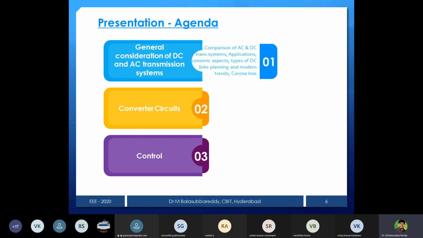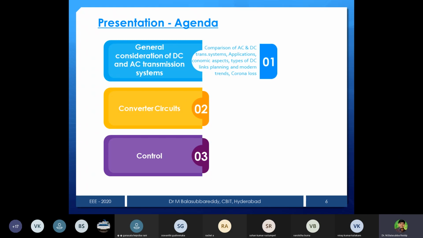As you are aware, AC transmission requires three transmission lines, big towers and insulators, and then right of way, meaning area or land, to erect the transmission lines. We require a huge area.